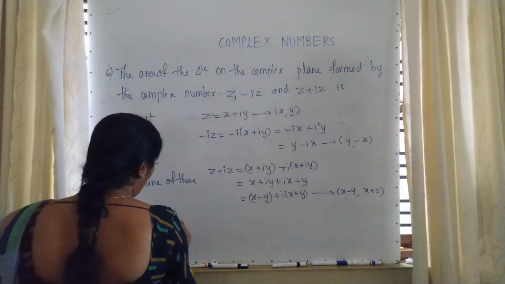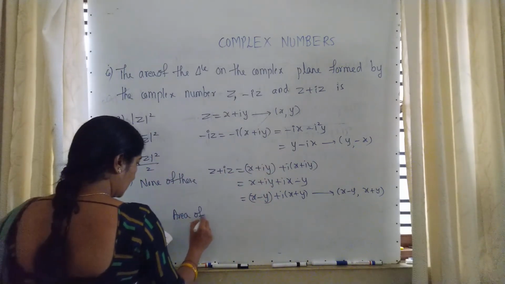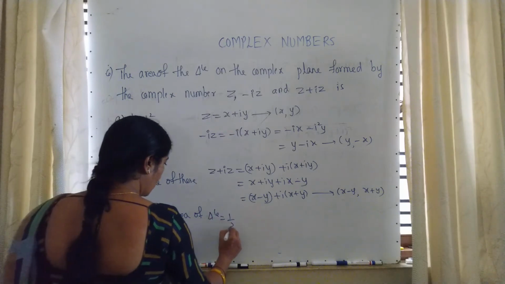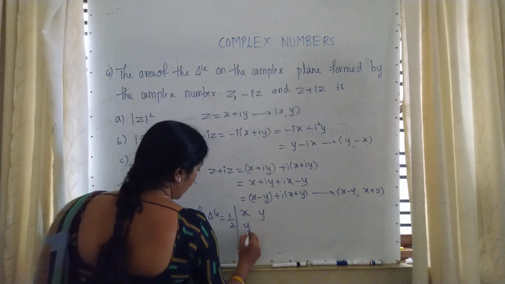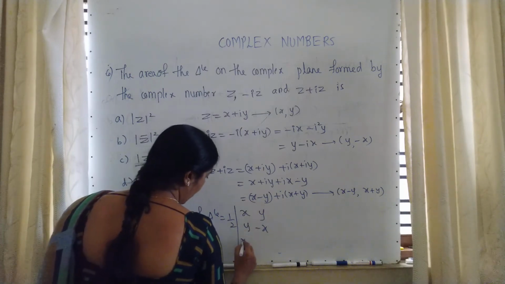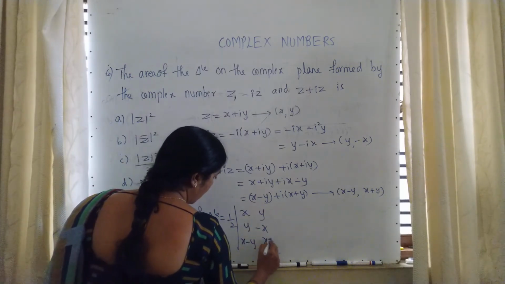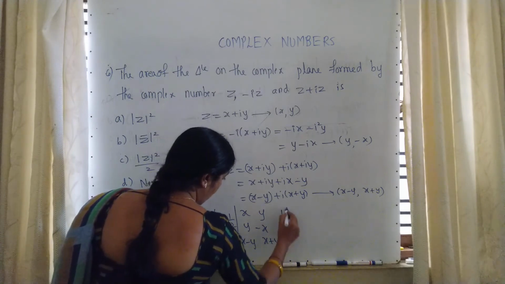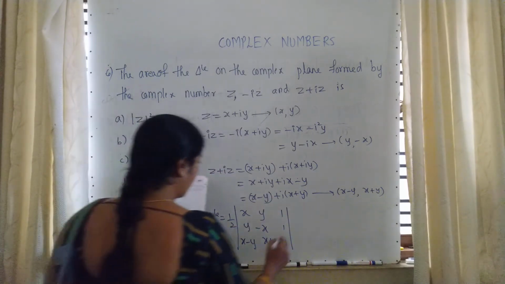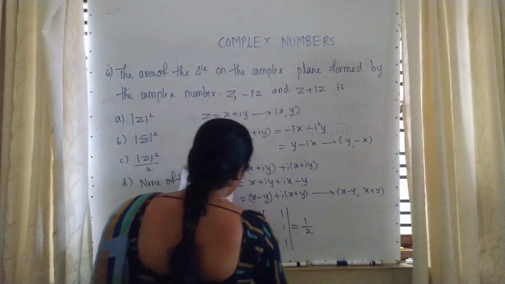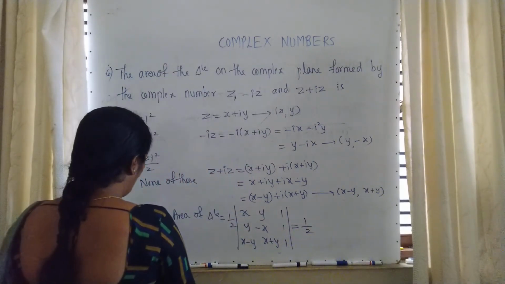Then the area, how do you write it? Area of triangle is 1 by 2 times the determinant: first point x, y, second point y, minus x, third point x minus y, x plus y, and 1, 1, 1. This is in determinant form, you know how to find the area of the triangle. Expand it, and after expansion and simplification you will get 1 by 2.